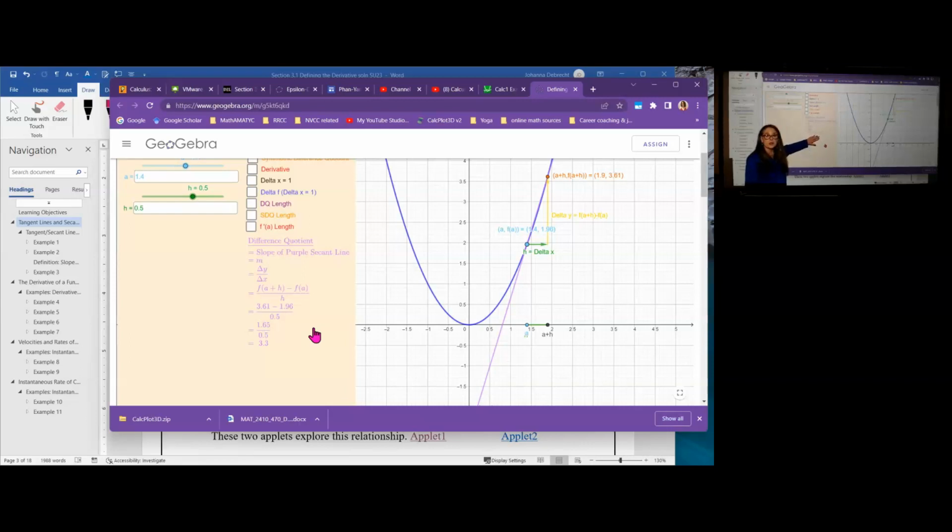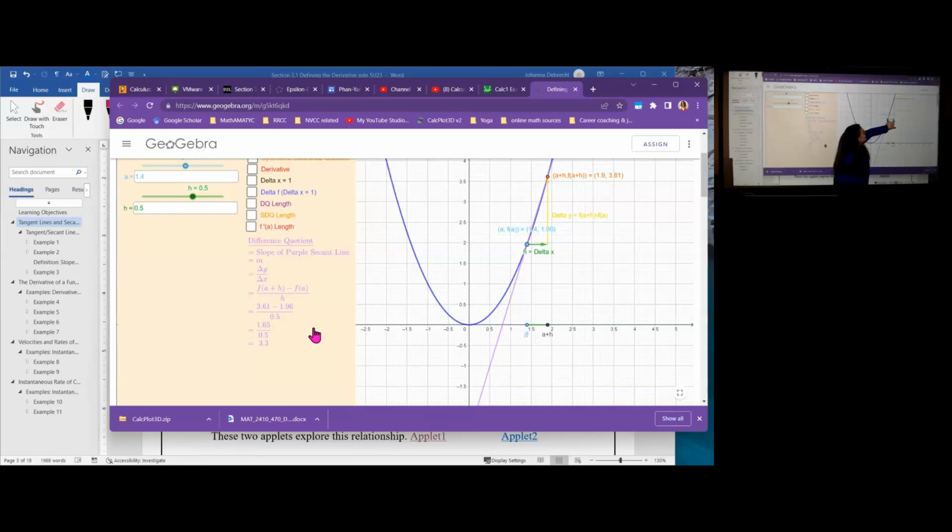This gives us the slope of the secant line because it is the difference quotient. It's sometimes written delta y divided by delta x, the change in y with respect to the change in x. Over here on the graph, you can see the h value, which was set over here to be 0.5. Now you can look at the change in the y values between these 2 points.